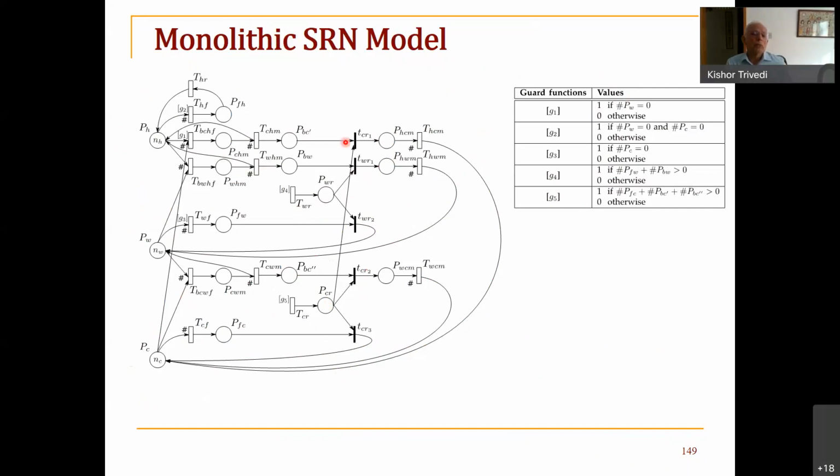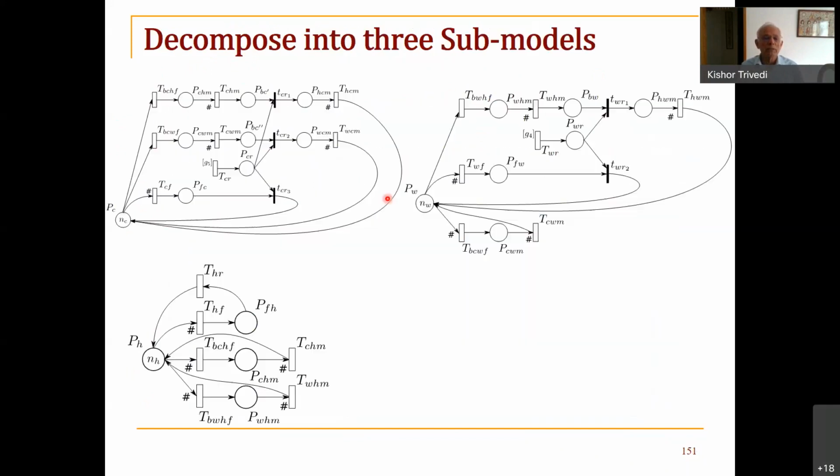So the idea then would be, can we decompose this model into three submodels, which will be interacting with each other, of course. Now I'm doing a model level decomposition, not a system level decomposition. But this is not matrix decomposition. And so what we ended up doing is that we constructed three submodels.